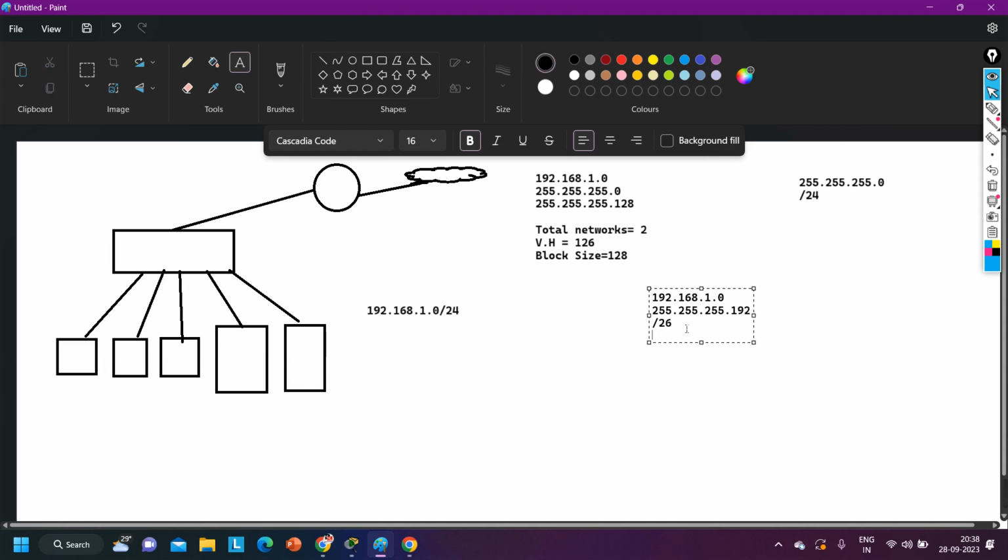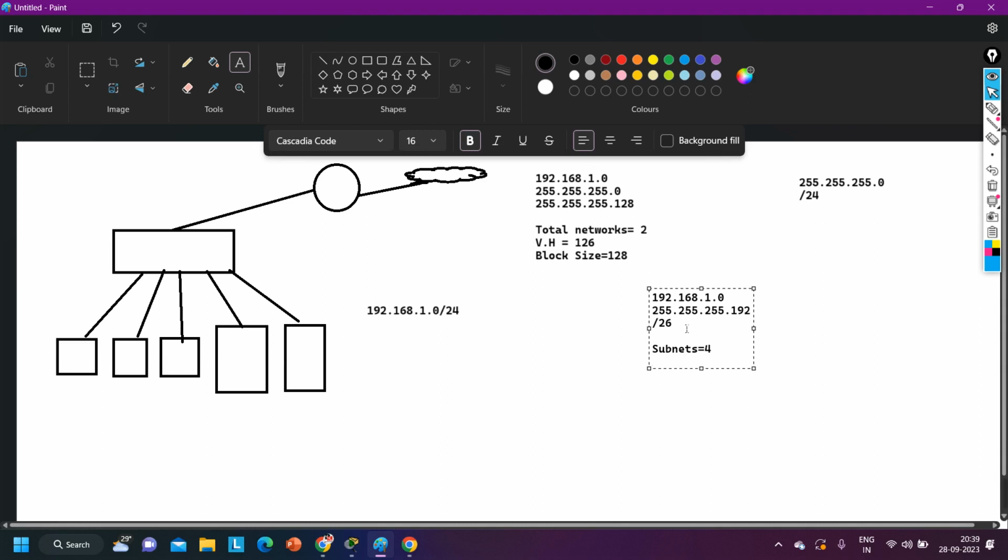And the total number of networks, subnets, is 4. How do we calculate 4? 2 to the power n, and n is this time 2. Here we have borrowed 2 bits.